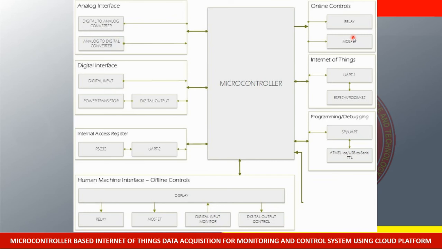Okay? So ginawa ko ganito. Remember, we have online controls. Okay? So ibig sabihin, from station A, I can control the relay and MOSFET on station B. But what if gusto kong kontrolin yung relay and MOSFET ko sa station A? Nag-gets niyo ako?